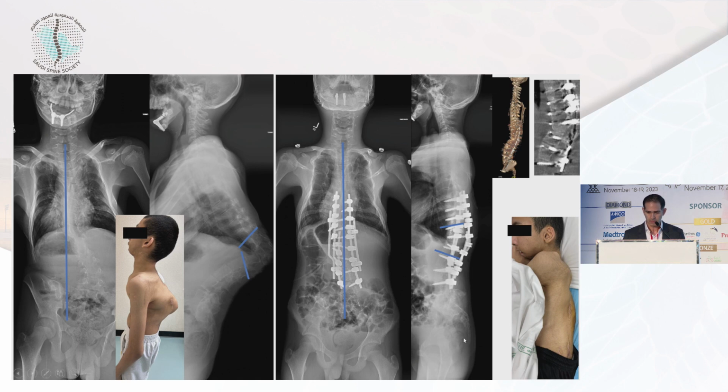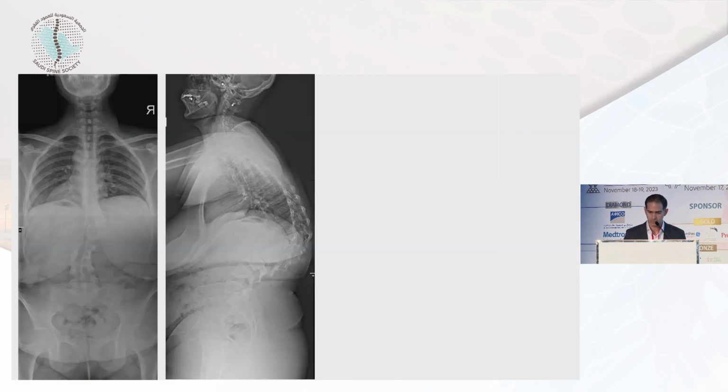We used multiple rod constructs all around the area in order to try to protect as much as possible, because in these syndromic patients, sometimes the fusion rate may be also long and difficult to achieve.